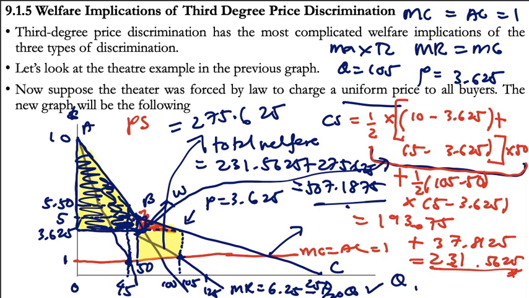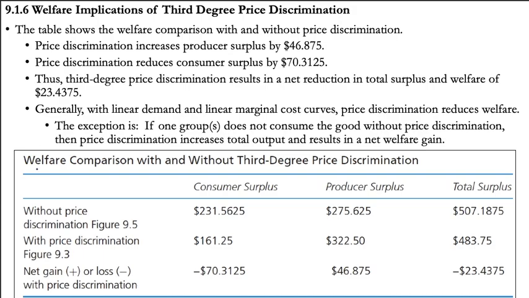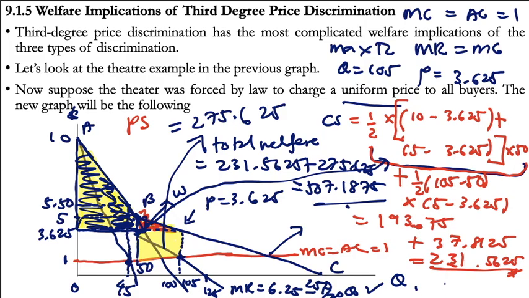Okay. So if we try to compare and contrast, then we can put it in the form of a schedule like this. So you look here. Recall, without price discrimination, we have calculated the total consumer surplus, 231.5625. Remember?